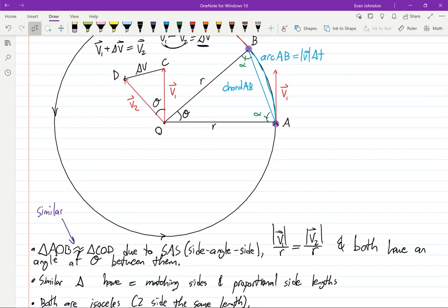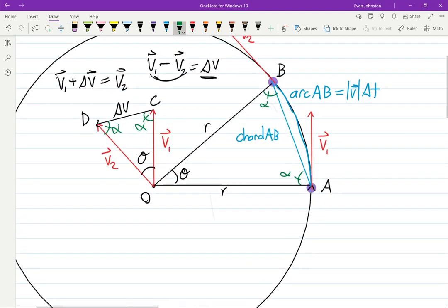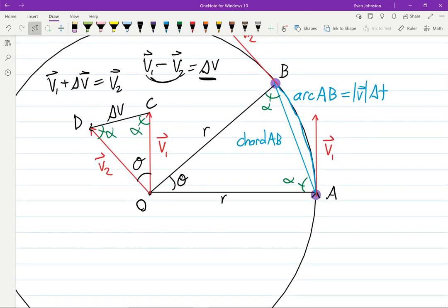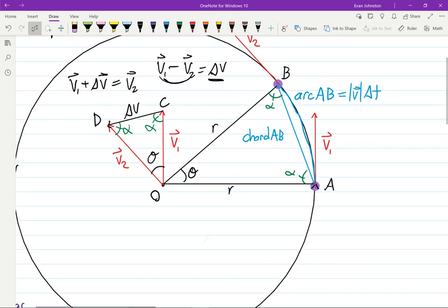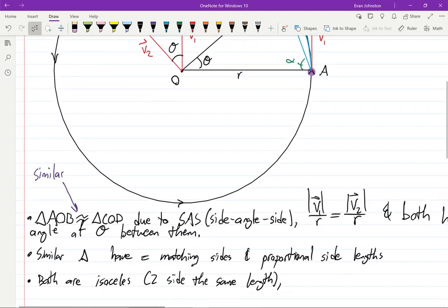So we can actually fill in that this angle and this angle are also alpha. It's essentially these two triangles are the same. It's just they're rotated and scaled up or scaled down. They are the same triangle in essence. That's what this really is telling us.